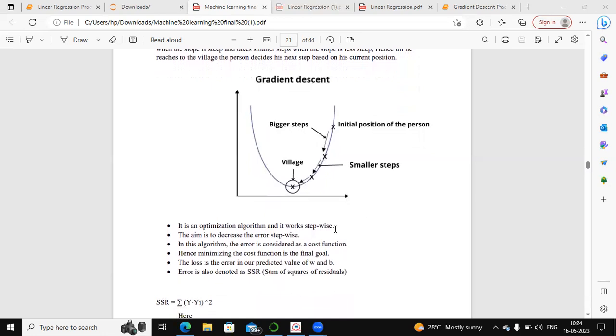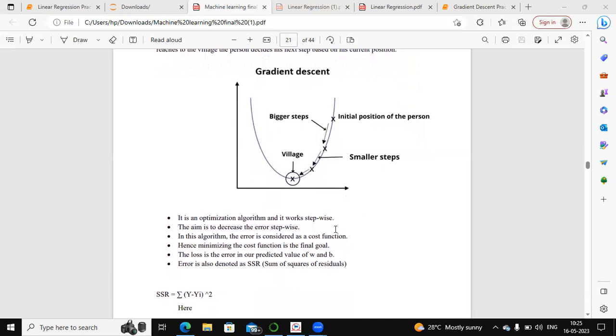Optimization in the sense that it will check again and again and find the best fit slope and intercept where our cost function is minimum. The aim is to decrease the error stepwise.